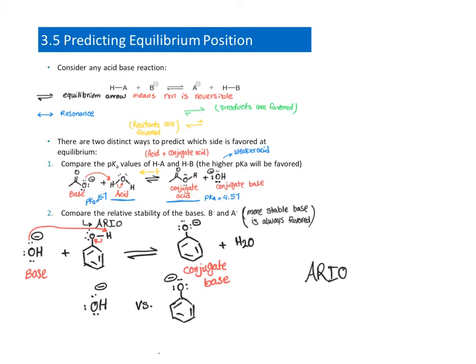If you look at the atom, in both of them the negative charge is on oxygen. So atom is not a good factor to use here. Now if you look at resonance, the phenoxide anion can do resonance. If I draw the resonance structure for that, it can do the resonance.